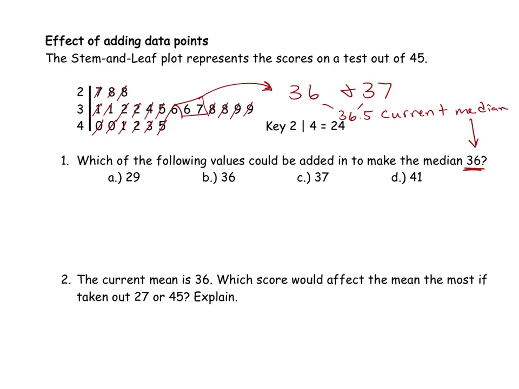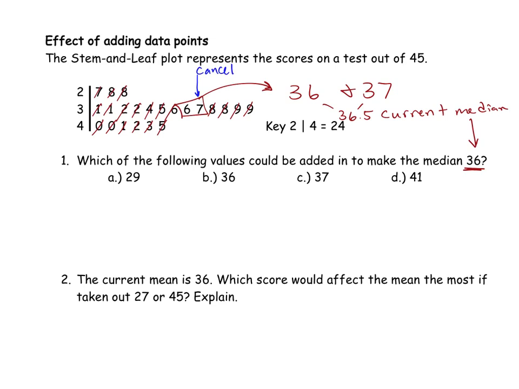The reason that this one is 36.5, which is not one of the numbers in the actual set of data, is because it landed on 2 data points. The nice thing about this one is that one of our data points is the median that we want it to make. So what we're trying to do is get another number that will cancel this 37 out.